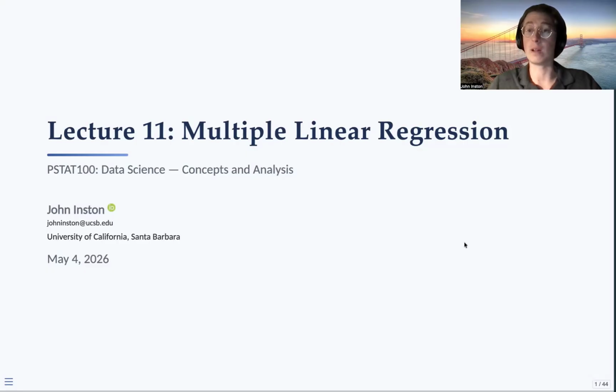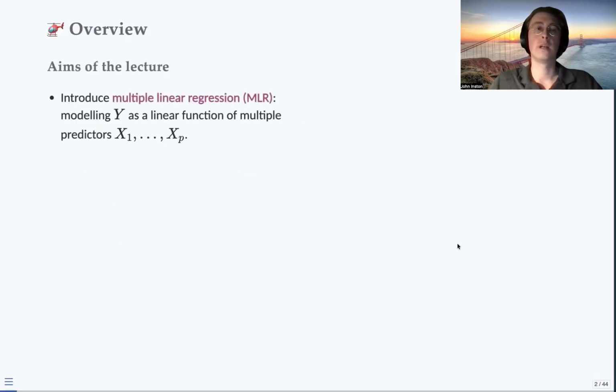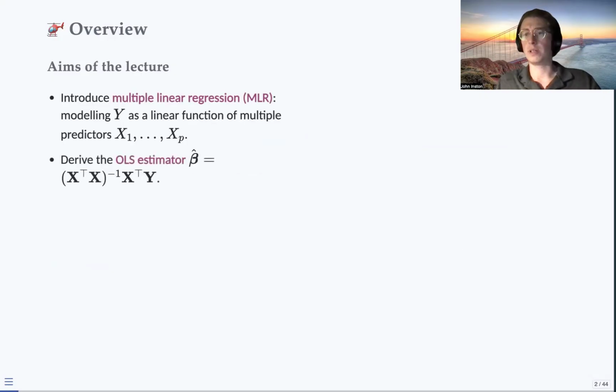To give an outline of the plan for this lecture, we're going to introduce multiple linear regression. We're going to introduce the matrix notation for the model, where there is going to be a significant portion of linear algebra in this lecture. There's not going to be a requirement to learn and understand each step.